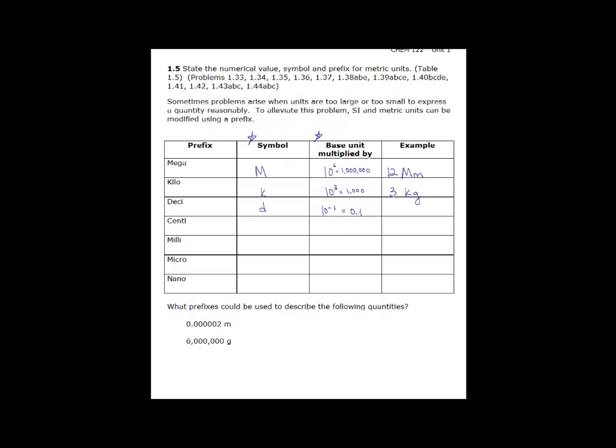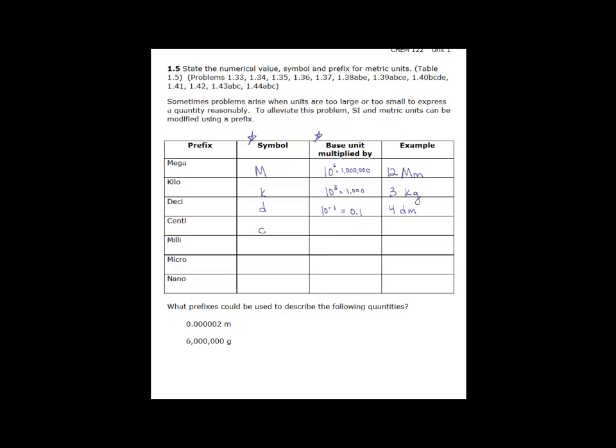So mega and kilo are different from the rest of the prefixes that we're going to learn. They have positive exponents. Okay, so deci, an example of that is 4 decimeters. So lowercase d, lowercase m.